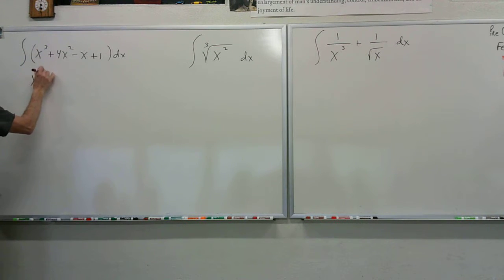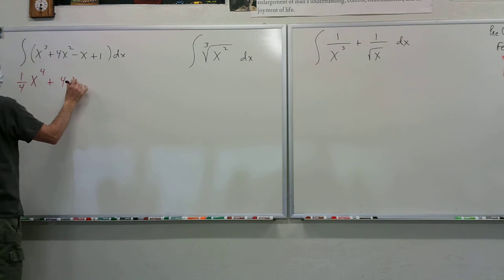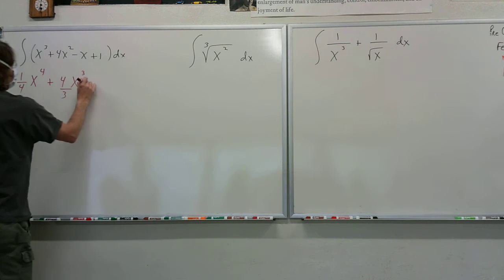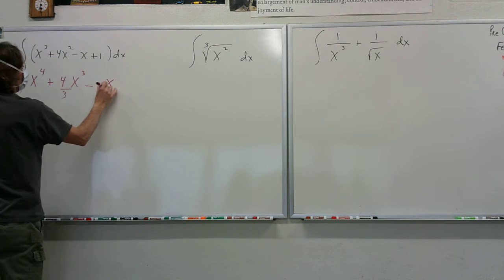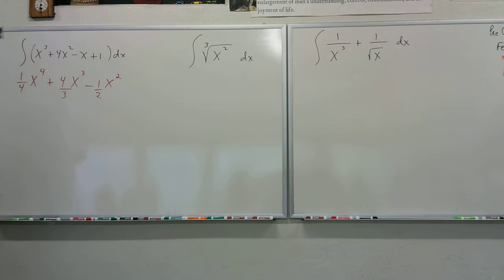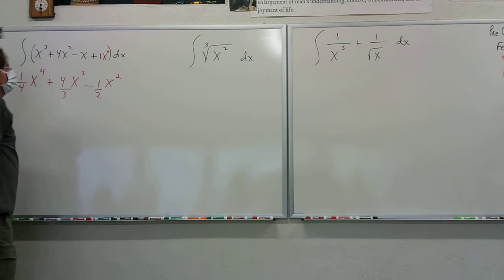Add 1 to the power, put the reciprocal out front. Put your plus sign, write down your 4. Add 1 to the power, put the reciprocal out front. Minus, add 1 to the power, put the reciprocal out front. And on this one, I want to put an x to the 0 right there.